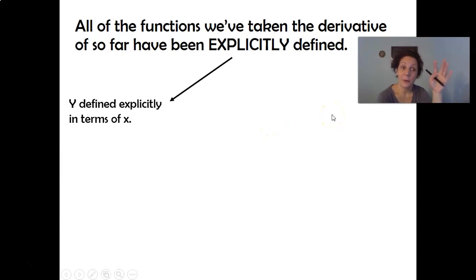So aside from the parametric stuff, which is a whole other world, when we give you an equation that has y and x, so far it's been y in terms of x. So like y equals whatever, or f of x equals whatever. And we've learned how to take derivatives. So we still have all those derivative rules in our pockets, right? We still have the product rule and the chain rule, and the quotient rule, and sums and differences, and e to the x, and all that stuff.